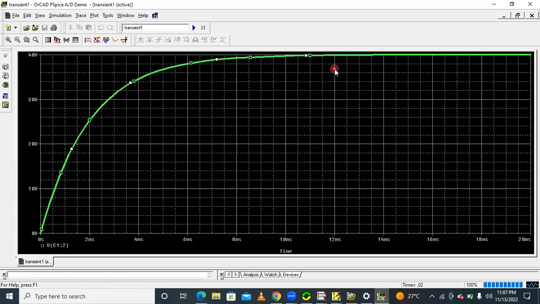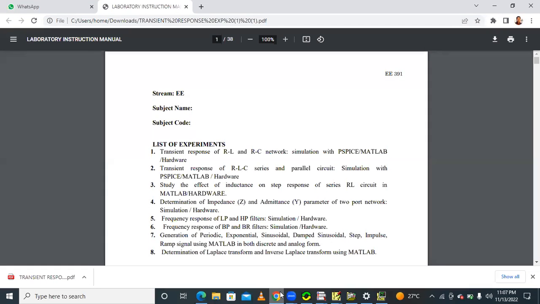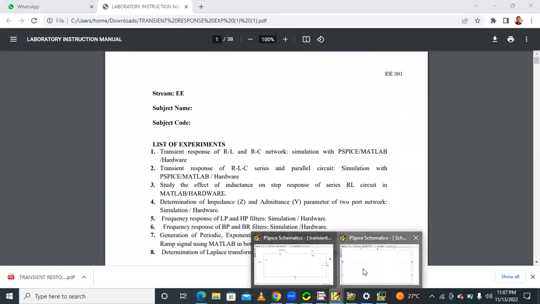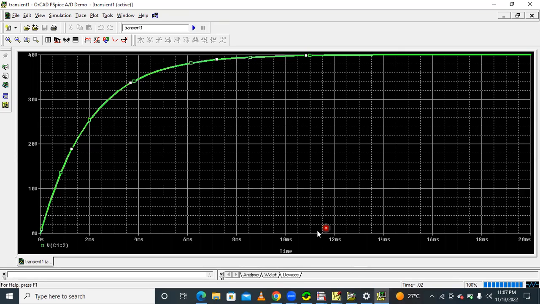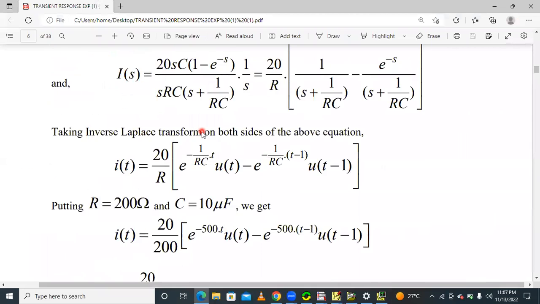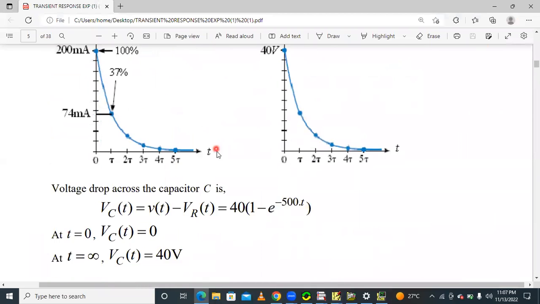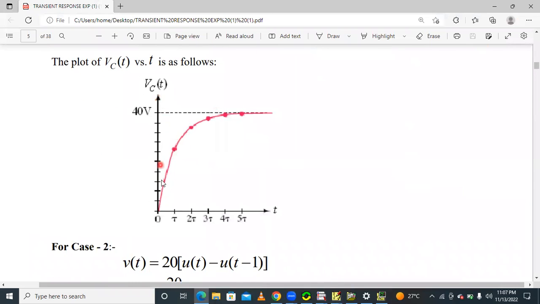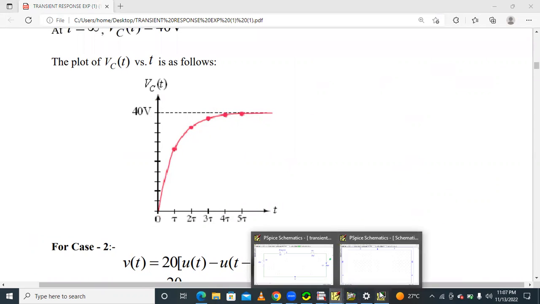This is the expression. So in this first case example, the voltage across the capacitor Vc(t) increases exponentially. That is verified by using PSpice.